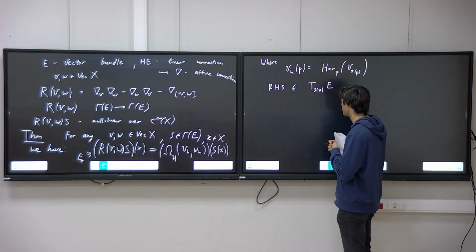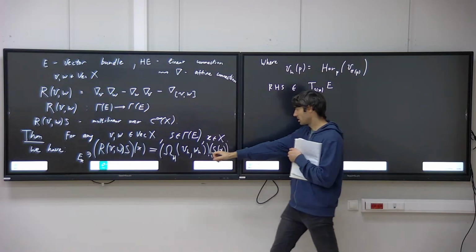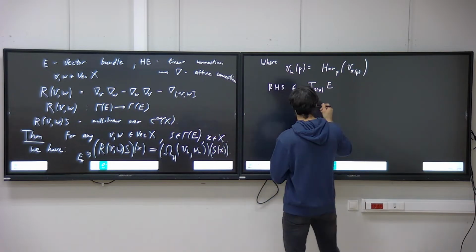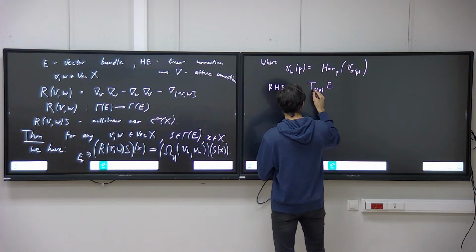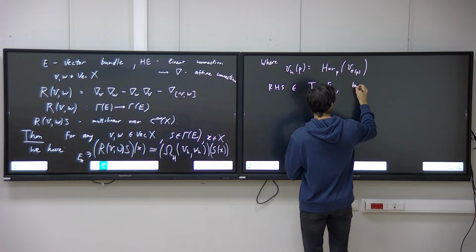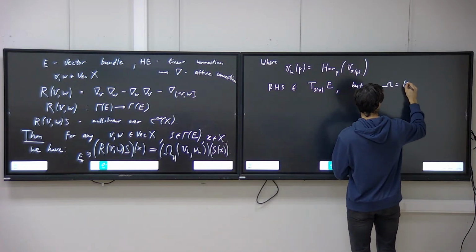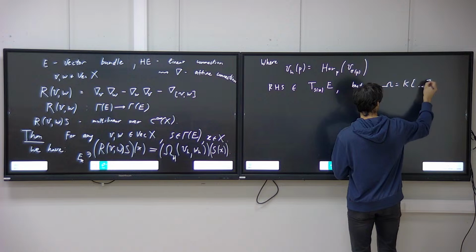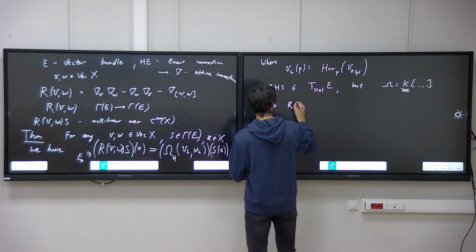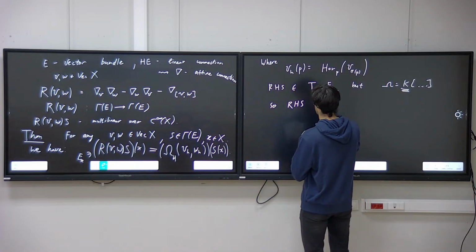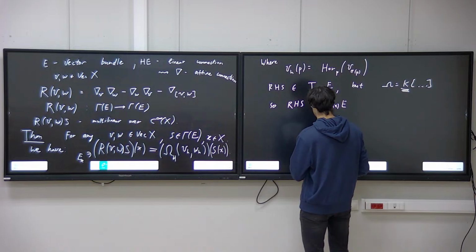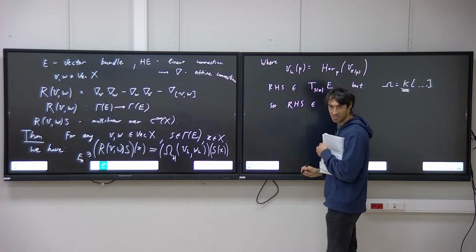But actually I can say better, since the last operator in omega H is K, I can replace this with the vertical space. So the right-hand side is inside V at S of X of E. Still not quite, right?